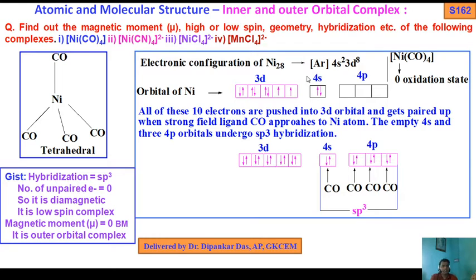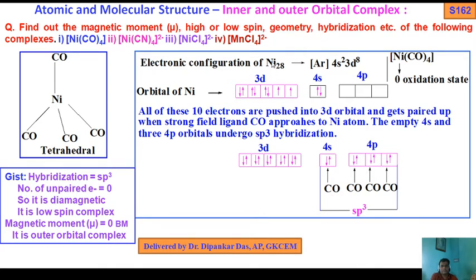Okay, so Ni(CO)4. Now in case of Ni(CO)4, what will happen? CO is a strong field ligand. If you see the spectrochemical series, which will be discussed in CFT, crystal field theory, CO is the strongest ligand, at the extreme right side. Now again, nickel here is in 0 oxidation state.